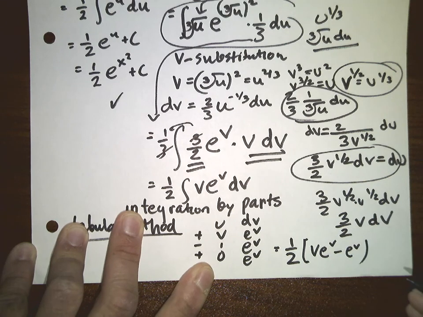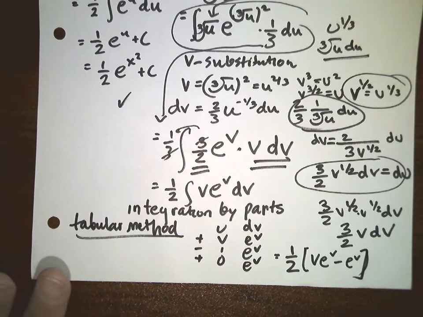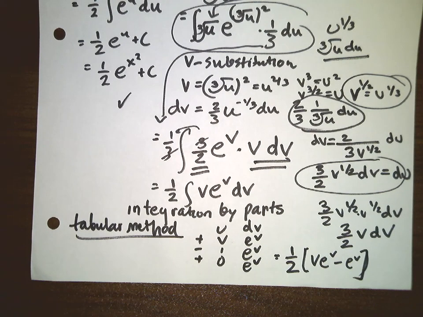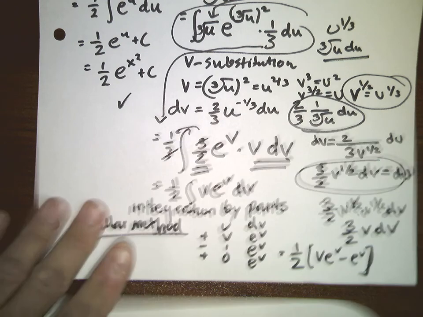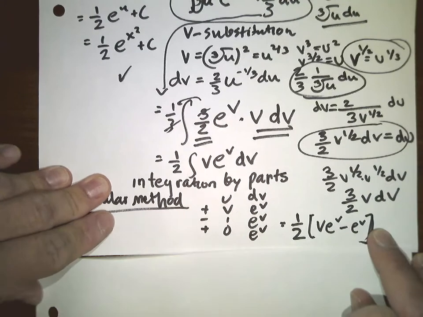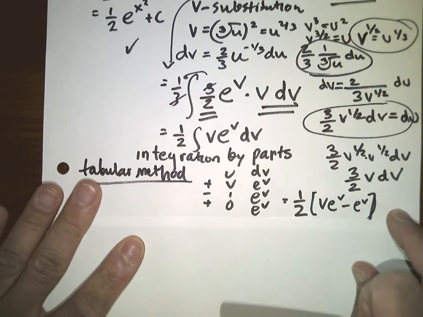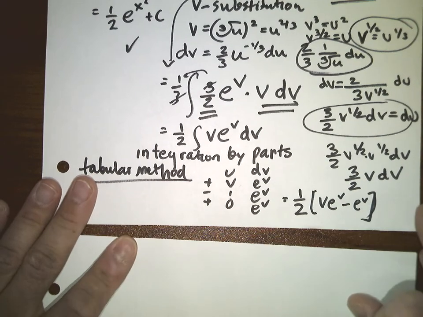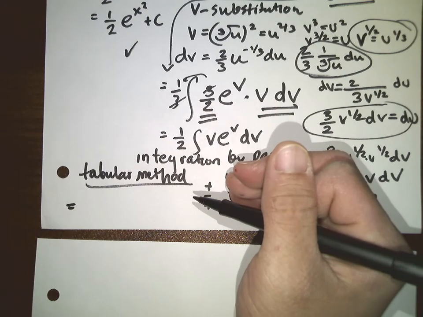And so then what you need to do is substitute back what the v's are. So if you end up back substituting, I don't know if you want to go through all that, but just for the point of what this should be, I'll just write down the final answer.